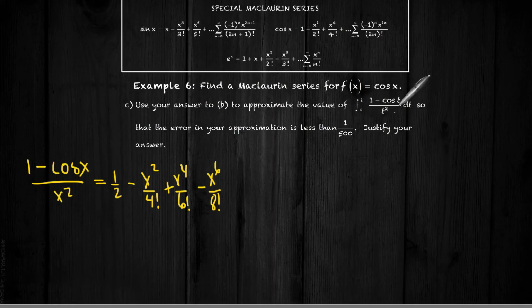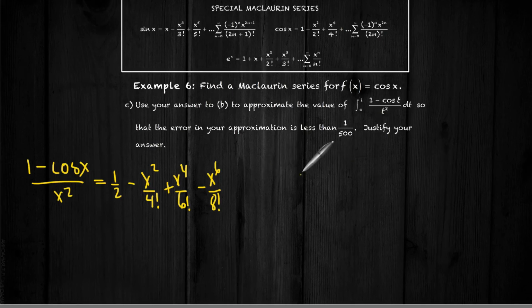But it is not something that we can integrate by hand. But guess what? We can use the Taylor series, because now we can replace this function that we cannot integrate by hand with a polynomial that we can integrate by hand, and you're going to see how close our approximation is to the actual integral.